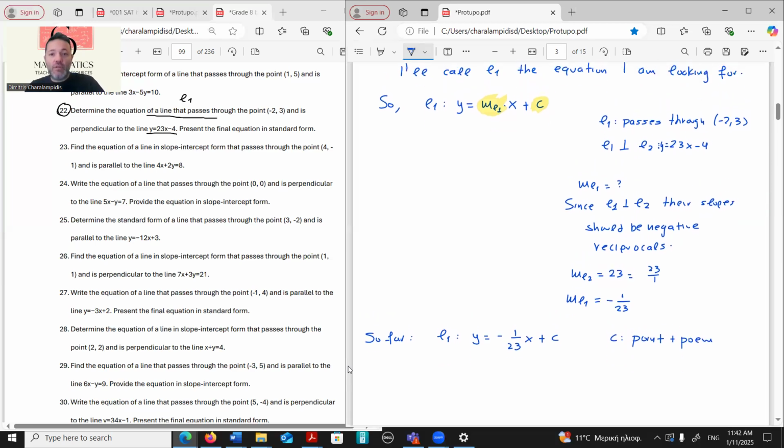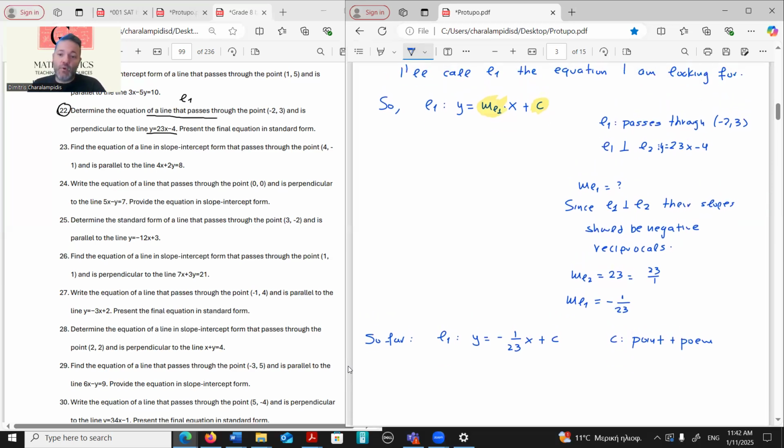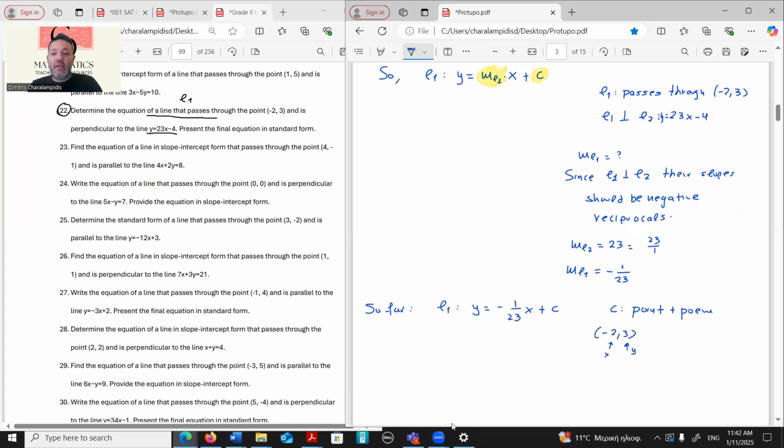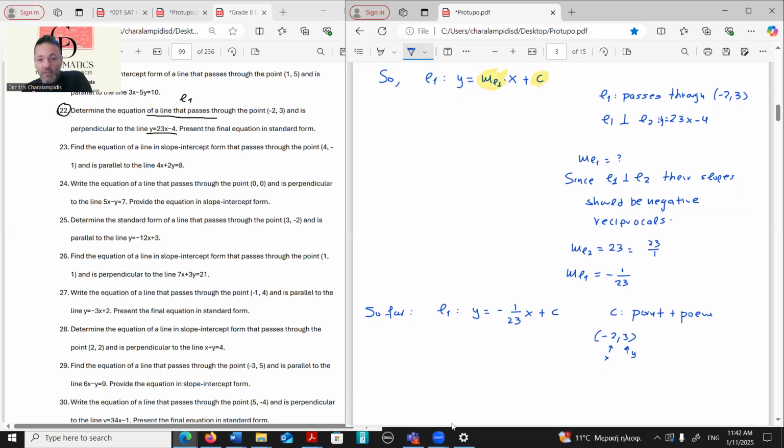Do we have a point on that line? Yes, it's the point (-2, 3). This is the x-coordinate, this is the y-coordinate. Since this point does lie on that line, if I properly substitute -2 instead of x, 3 instead of y, a true statement will be produced.